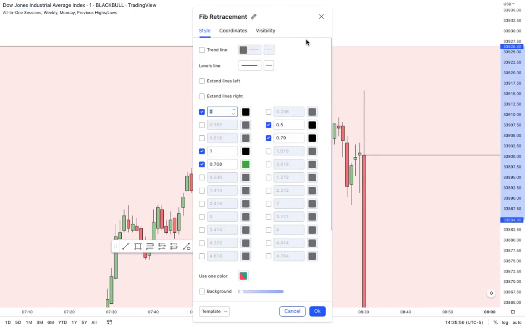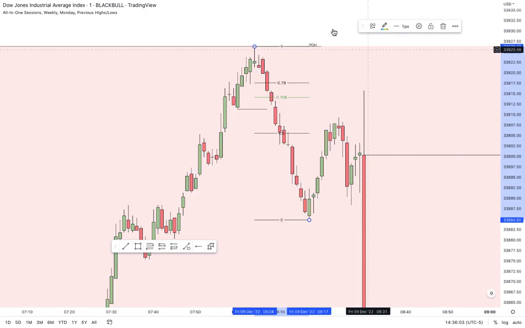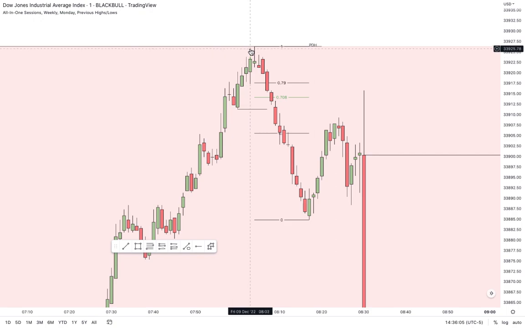Let me share my Fib setting: 0, 0.5, 0.791, 1, and 0.708. If you have a complete situation where all of the candles are in one direction, your entry should be above this OTE, optimal entry point.